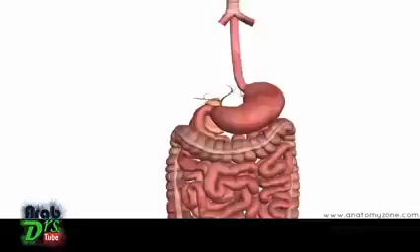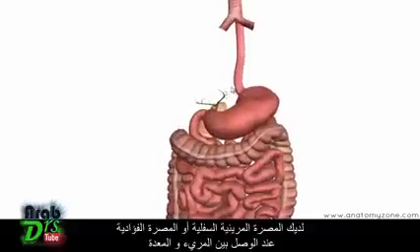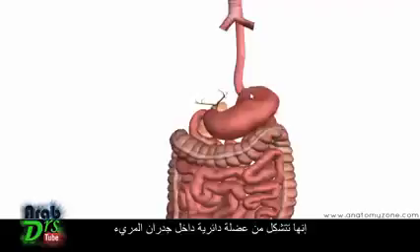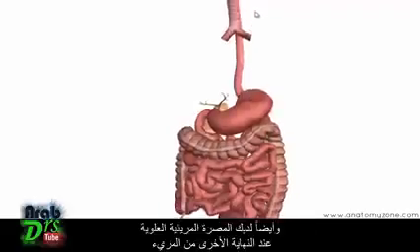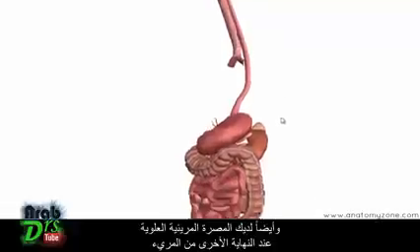A sphincter relaxes to open and it contracts to close. The sphincter is formed by circular muscle within the walls of the esophagus. And you've also got an upper esophageal sphincter at the other end of the esophagus.